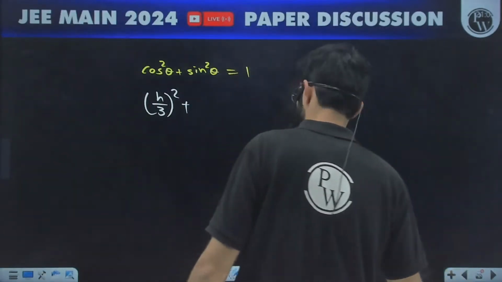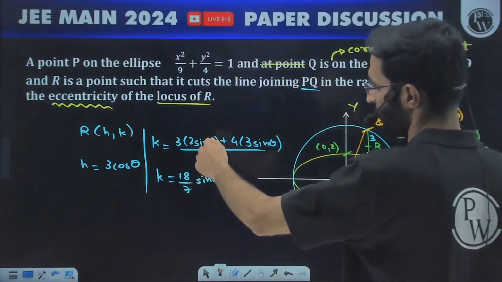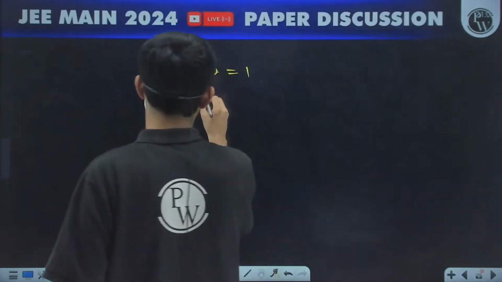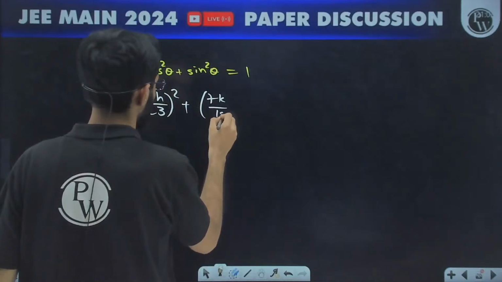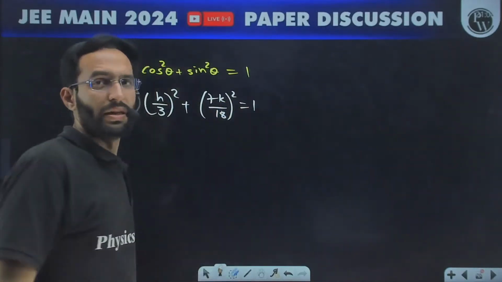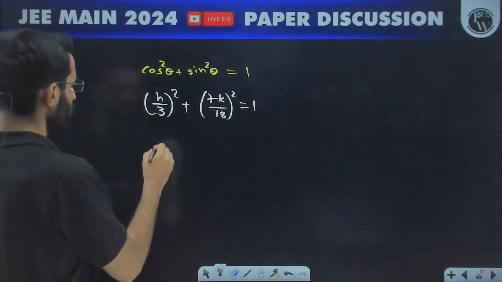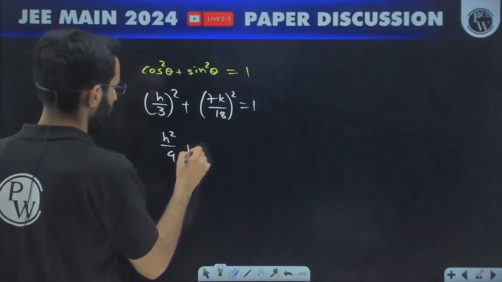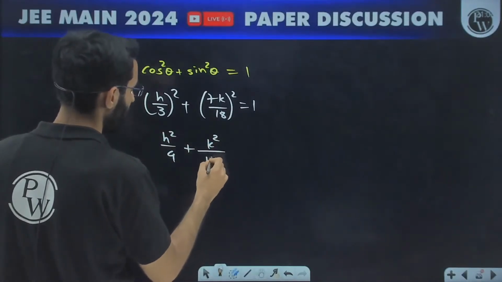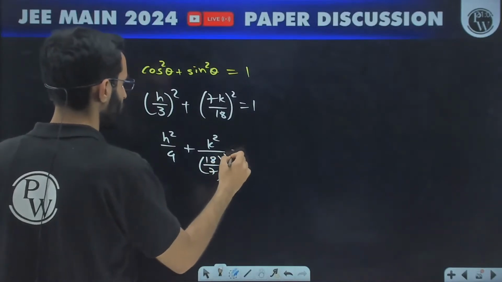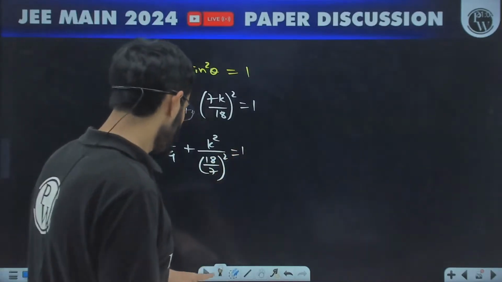What will be the value of sin square theta, students? Sin square theta will be (7k by 18) whole square. Is this clear, everyone? Please give me some response. So this is h square by 9 plus k square by (18 by 7) square equal to 1. So this is an ellipse only.